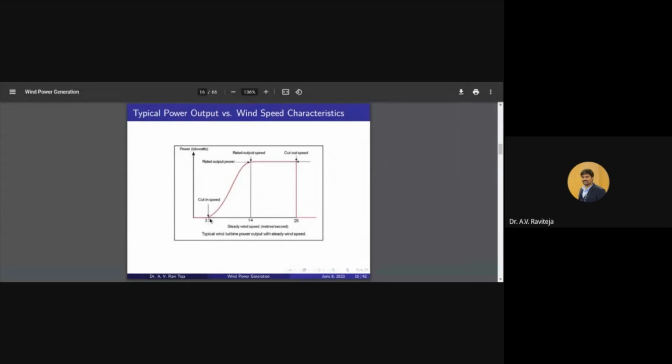Then you will start seeing an increase in the power generated. Once you reach rated power, what does rated power mean? It means the converters, the turbine and the generator, every equipment is operating at its full capacity.